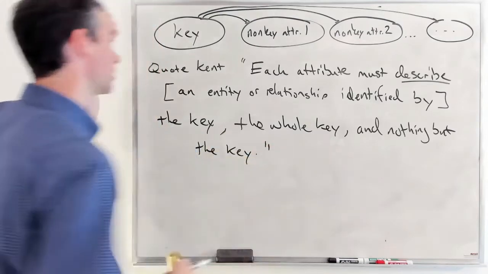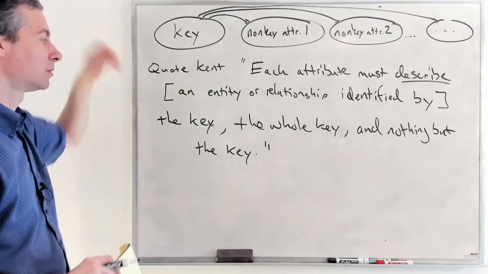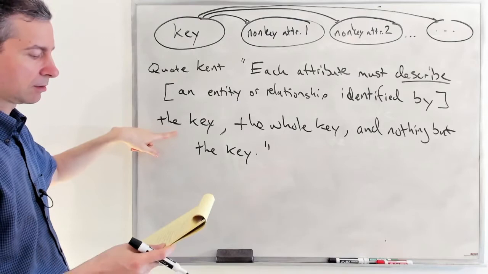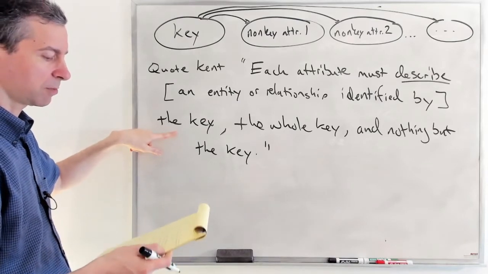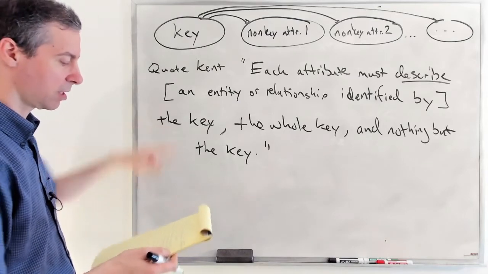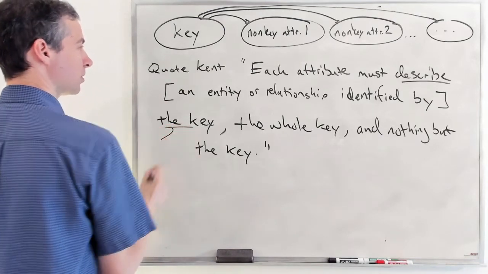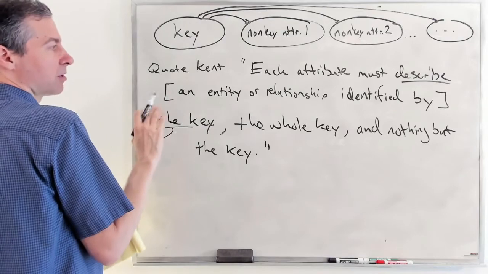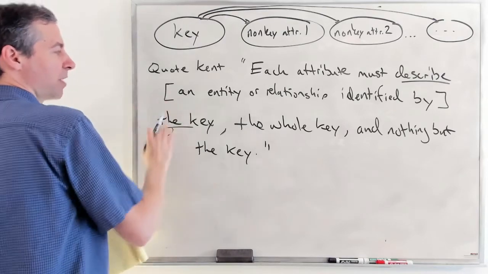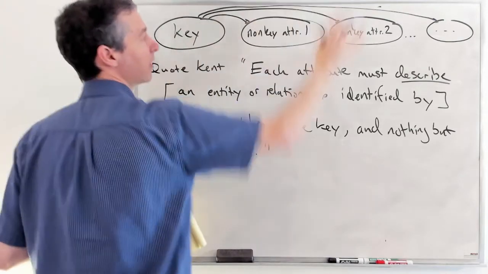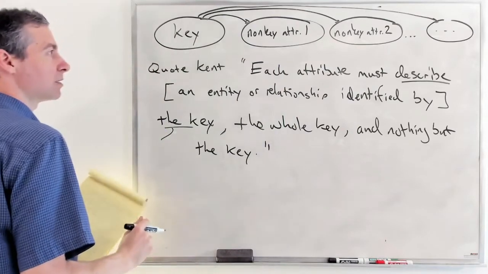So what are we really saying here? So the attribute must describe an entity or relationship identified by the key. So the key is identifying these dependencies.